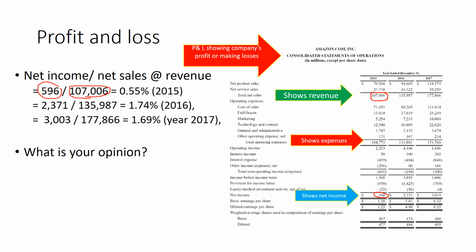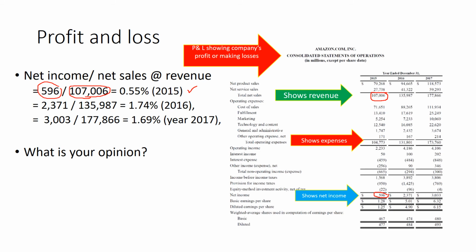For 2015 the margin for this company is only 0.55%. It means that for each 100 ringgit, you get back 55 cents. Not even 1 ringgit.